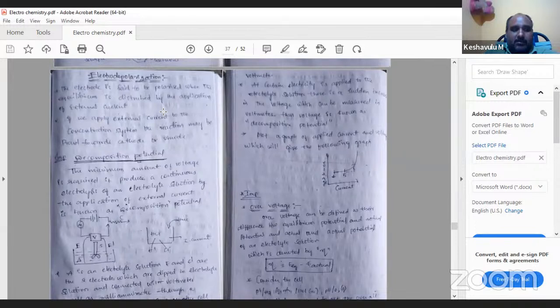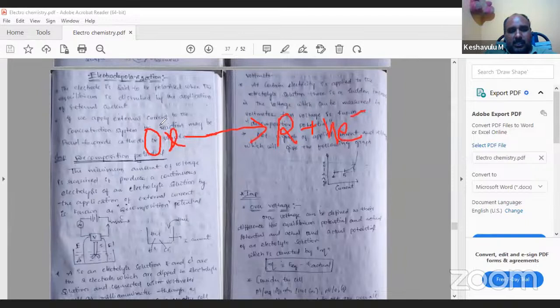So what does polarization mean here? The electrode is said to be polarized when, if we write the oxidation process, the reductant gives rise to the oxidant plus n number of electrons. This is the reaction.